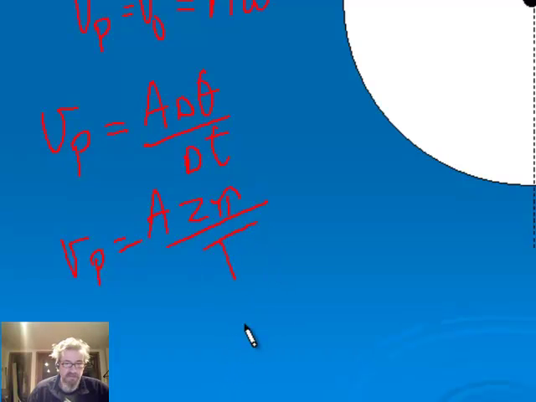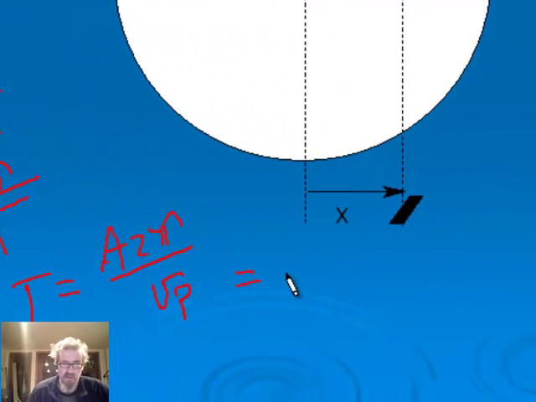So we'll solve for T. The period then is equal to a times 2 pi divided by the velocity of the pin. But remember, the velocity of the pin was the maximum velocity for the shadow, so we could also write a times 2 pi over v naught, maximum speed, is the period.